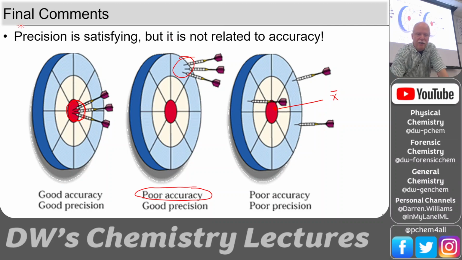If our standard is telling us it should be here at the bullseye, and we consistently measure and get this block right here, then we can correct our instrument and we can calibrate it. So that's what we're doing with calibration. We're measuring our standards, and then we're taking out those biases.